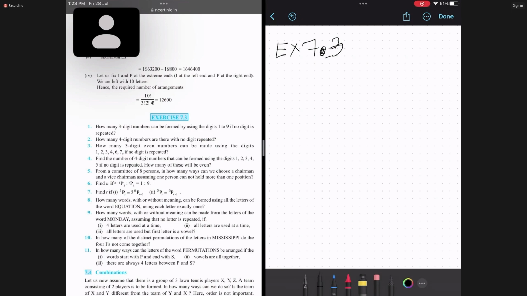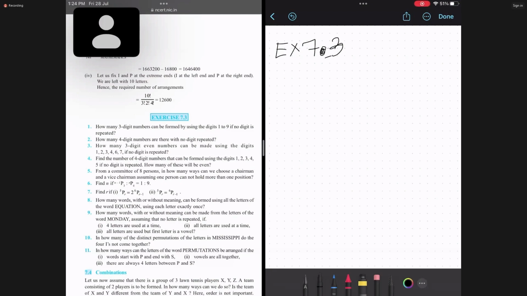The way we approach such questions is that we first calculate all the distinct permutations of the word Mississippi that are possible, and from this we subtract all those permutations where all the 4 I's are together, correct? That is how we are going to solve this question.